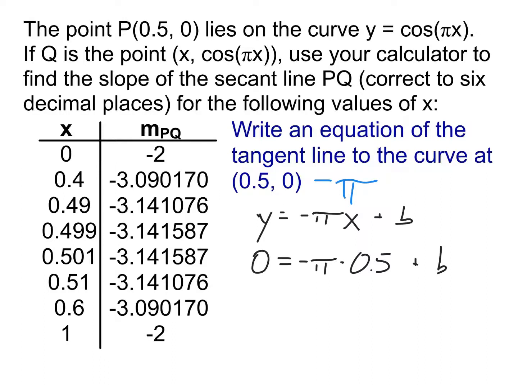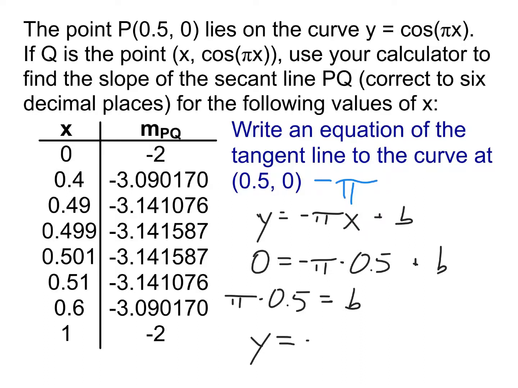And so I can add that pi times 0.5 to both sides. So pi times 0.5 equals b. And so if I wanted to, I could actually leave it in those terms. I could leave it as b equals pi times 0.5 and write that into my equation.